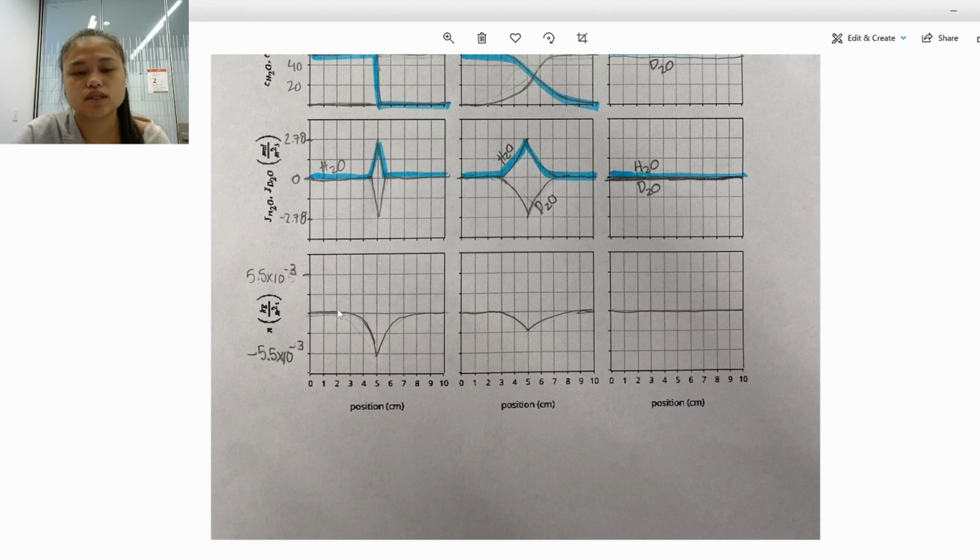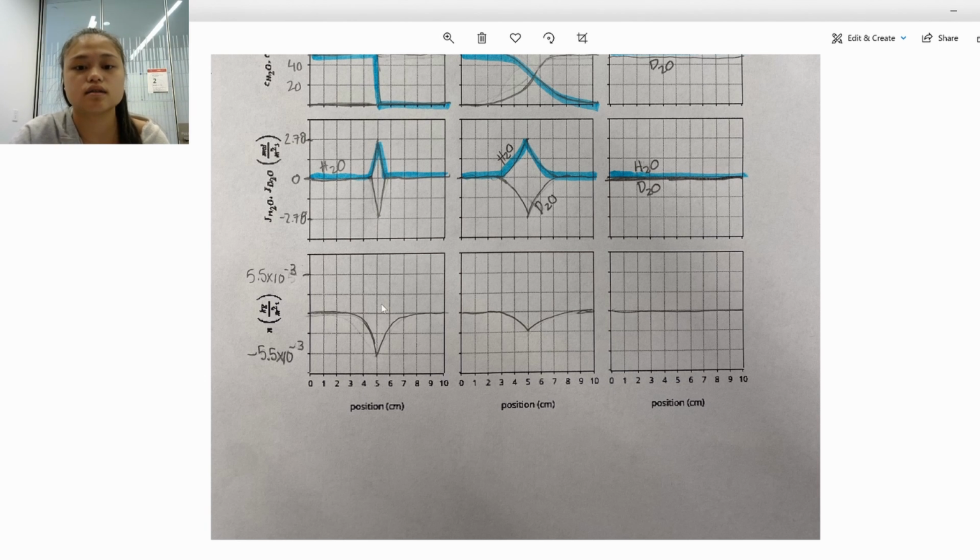And so we see that this goes in the negative direction and peaks right here, and it's a really steep slope because that's at that concentration gradient yet again, and that's where that mass is really transporting from the left for the deuterium oxide and to the right for the water.